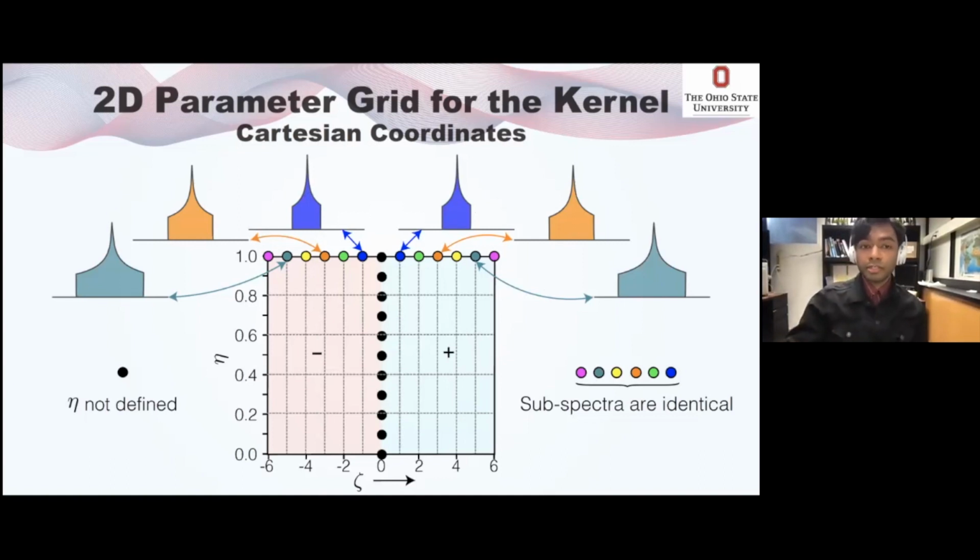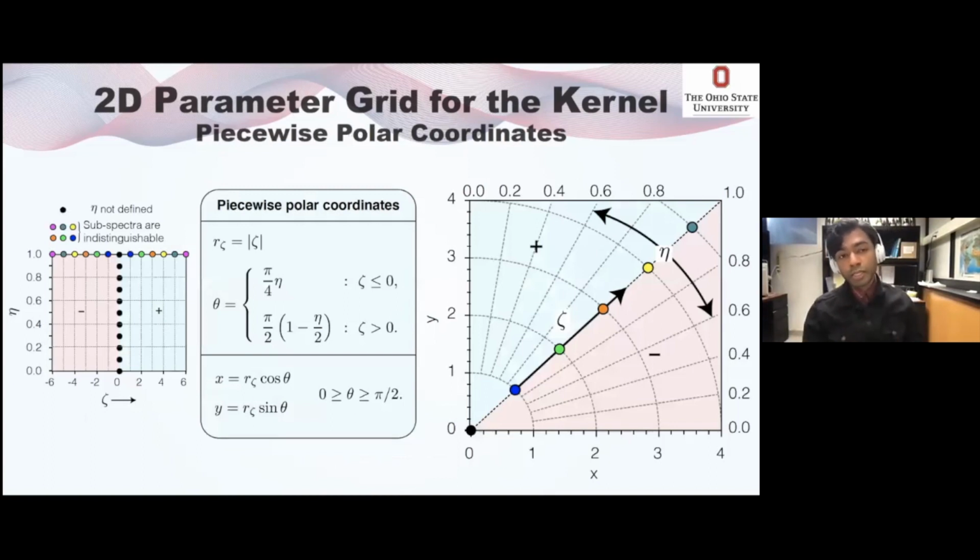So in order to rectify this situation, what we proposed is a piecewise polar coordinate representation of the two parameters. What I'm showing here in the figure on the right is the polar coordinate grid, where the anisotropy is the radial dimension going outward, and the asymmetry is the angular dimension. But the piecewise declaration is such that the upper half of the triangle is positive zeta, and the lower half of the triangle is negative zeta.